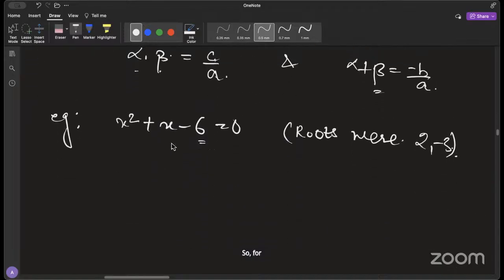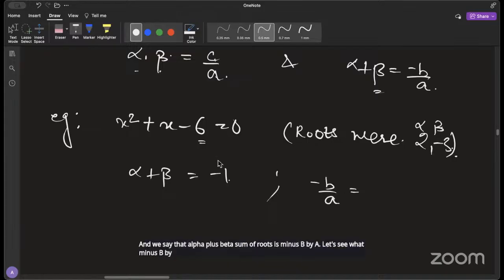So, for example, let's say you have this thing. We know that the roots are, we've already calculated this. So this is alpha, this is beta, right? So alpha plus beta is equals to minus 1. And we say that the sum of roots is minus b by a. Let's see what minus b by a is. Minus b by a is minus 1 by 1, which is minus 1.